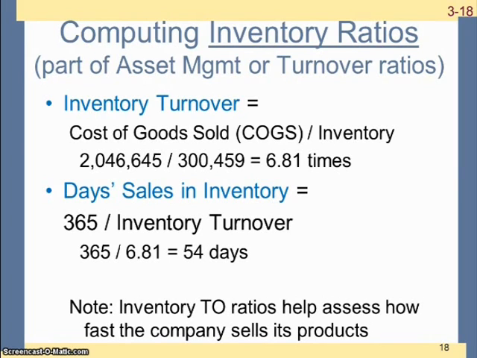Next, days sales in inventory. This is a way to measure the average amount of time that it takes for a company to convert its inventory into sales. A relatively small number of days sales in inventory indicates that a company is more efficient at selling off its inventory, while a large number indicates that a company may have invested too much in inventory.